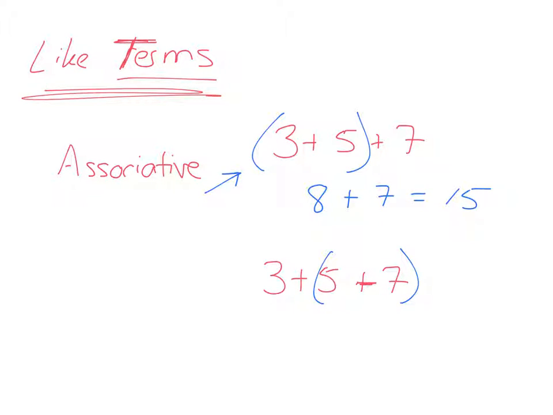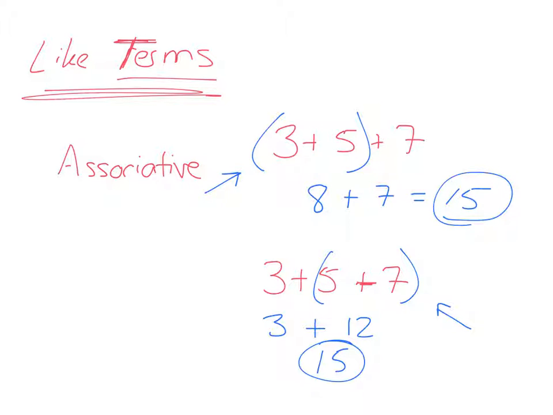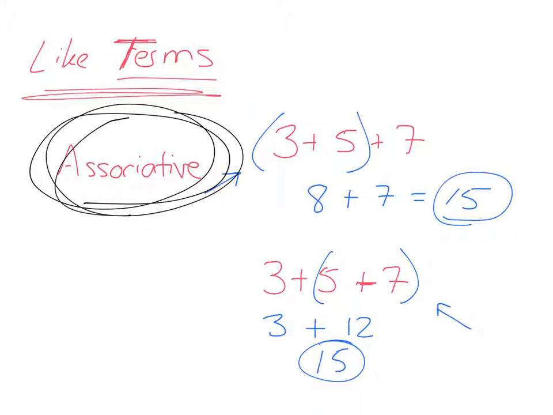Now down here, I'm going to do the 5 plus the 7 first. 5 plus 7 is 12. Then I go 3 plus 12, and I get 15. So what the associative property of addition tells us is that we can move parentheses around, and we still end up with the same answer.